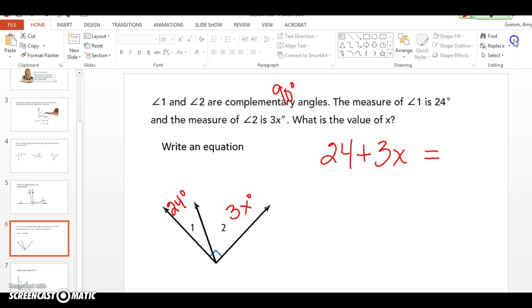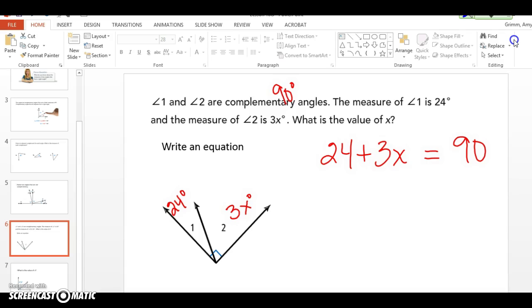Where are you getting 27? What are those two together? 90, because what's that called? Complementary. Okay, it is 90. And now we just have to solve our equation, which we're very good at doing at this point.